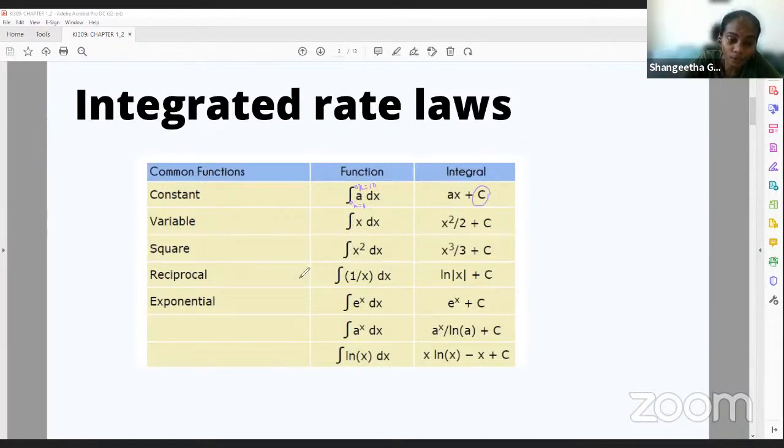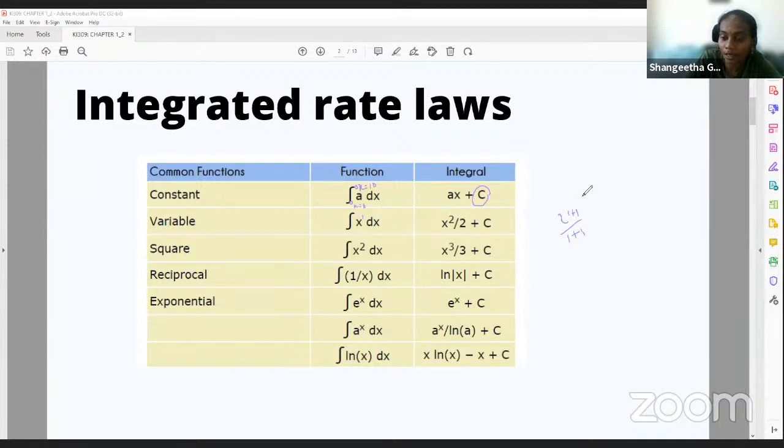So now the next one, if you integrate a variable x dx, what happens here is you can see the value of x here is actually power of 1, correct? So usually power of 1 we won't write. So after you integrate, it becomes x to the power of 1 plus 1 over 1 plus 1.